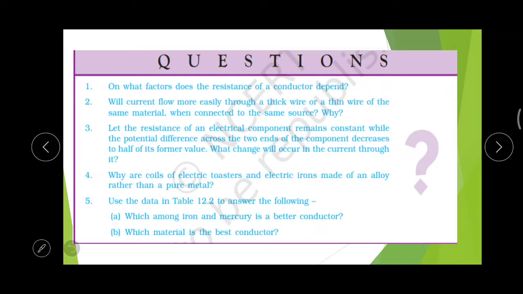So as per table number 12.2, silver will be the best conductor. That means whenever the resistivity value decreases, the conductivity, or the ability to conduct electricity, will increase. So if you want to find a good resistor, you have to go for the higher resistivity value. If you want to find a good conductor, you have to go for the least value of resistivity. Okay. So is this much clear?